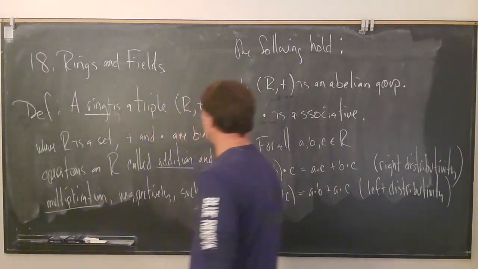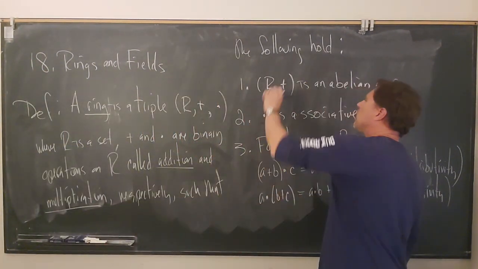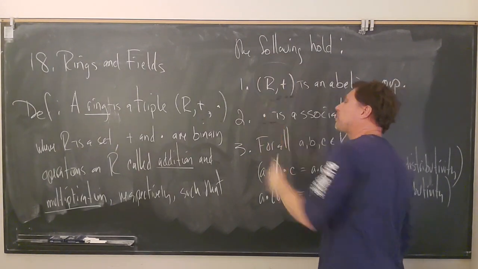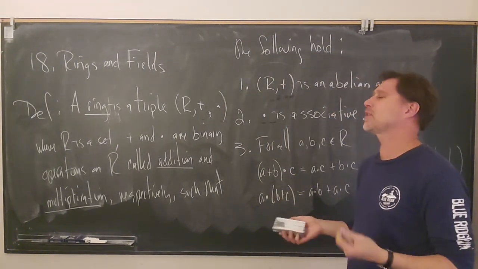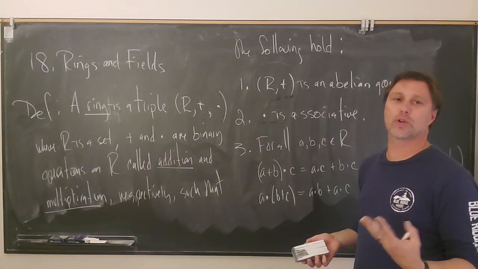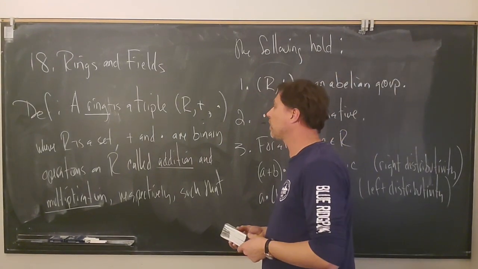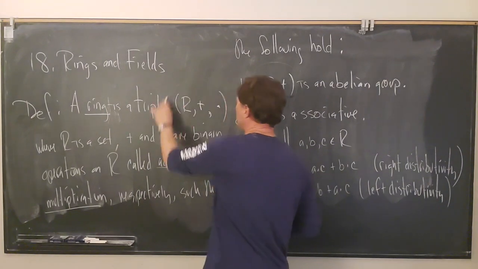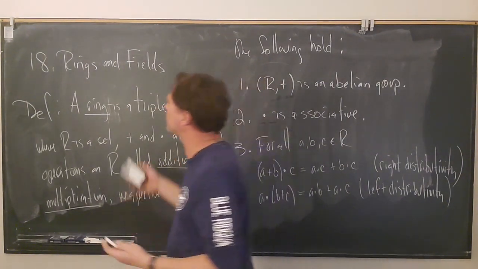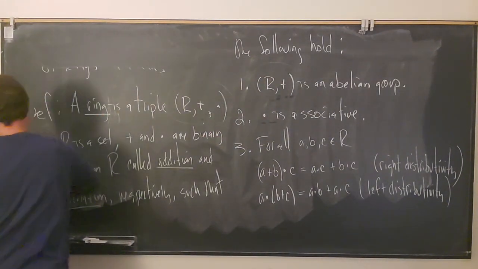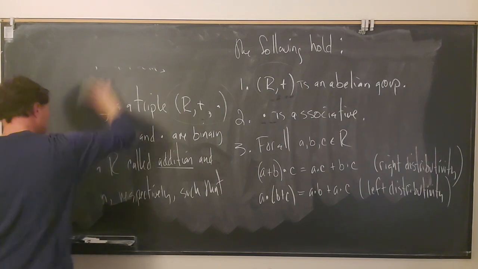Remember, when we learned about groups, we kept this ordered pair notation for a little while, but eventually we said, let G be a group, and it's understood that there's this operation. We don't use the dot anymore. Same thing, we're not going to use this triple notation unless we absolutely have to avoid some sort of confusion.